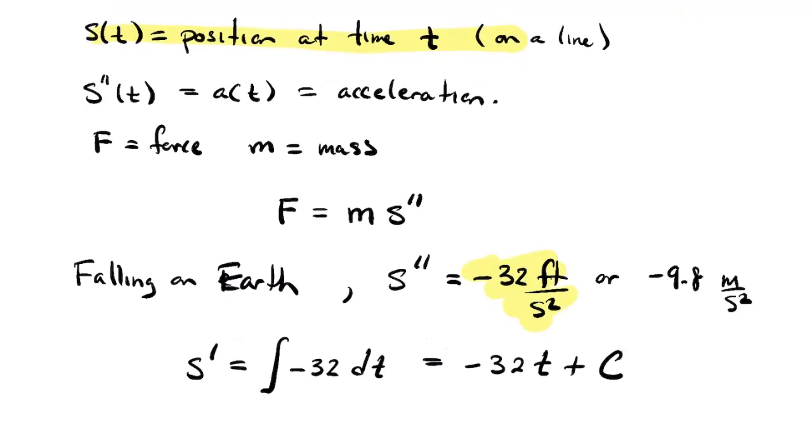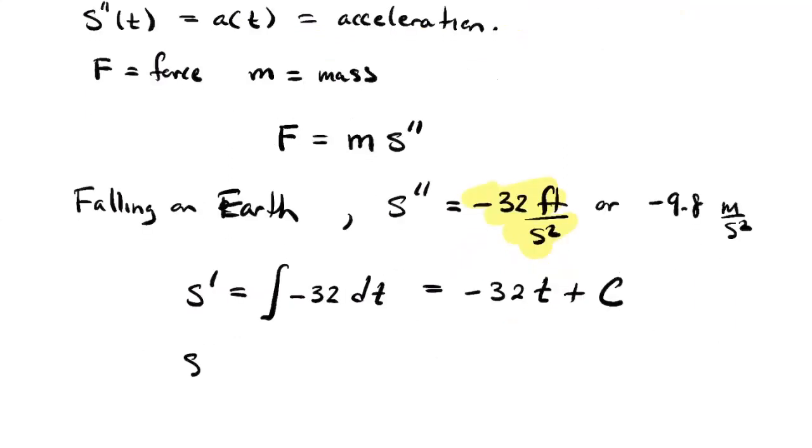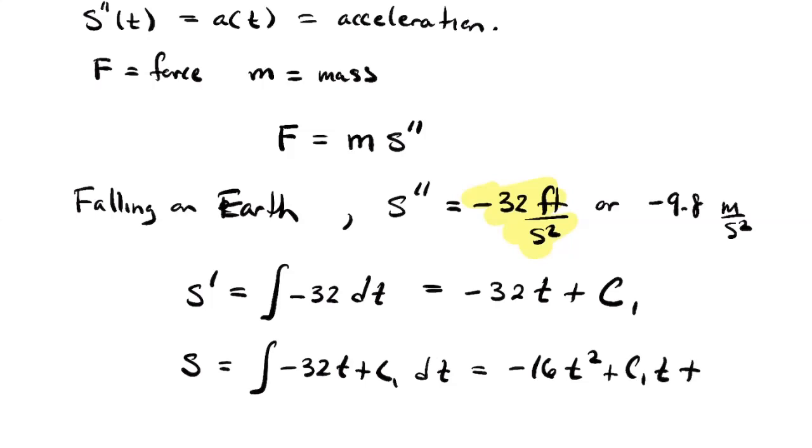And in order to determine that constant, I would need some initial condition. I would need to know the velocity at a certain value of time, right? And then we could integrate again. Let me call this constant c1. We could integrate again, so we get negative 16t squared plus c1 t plus some other constant.